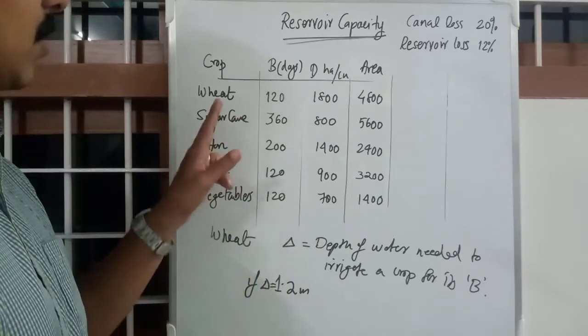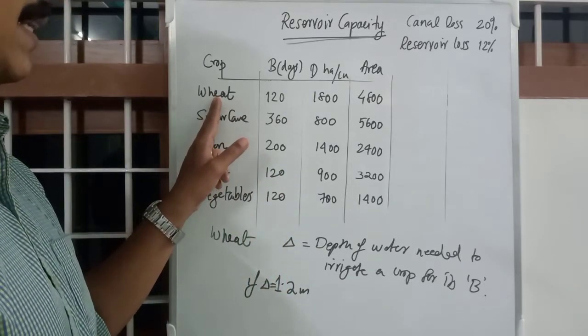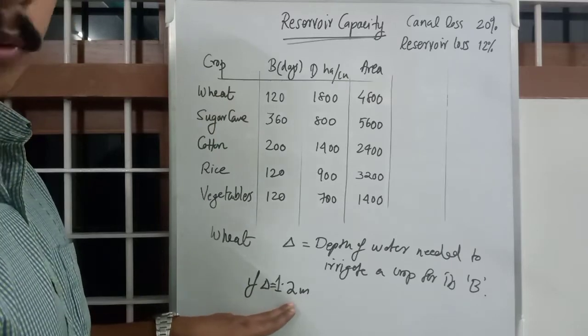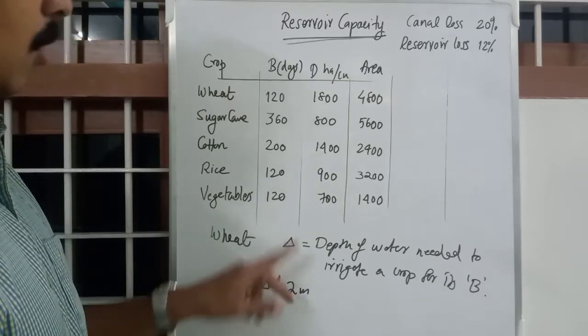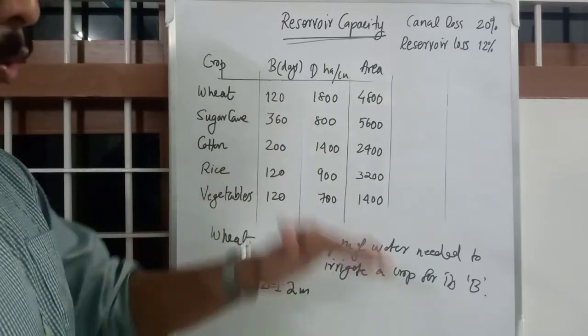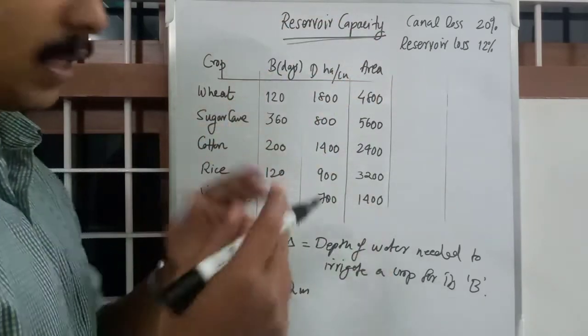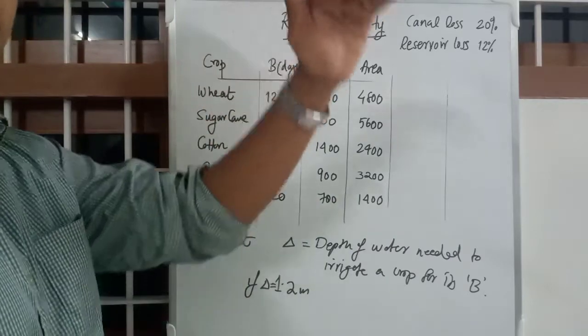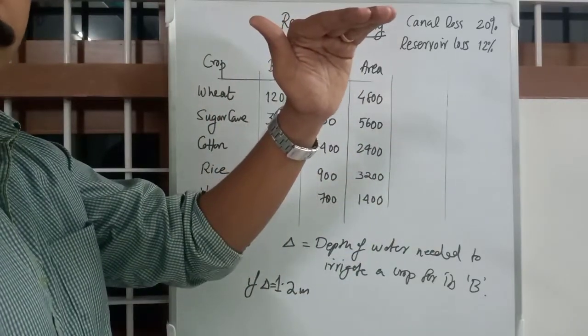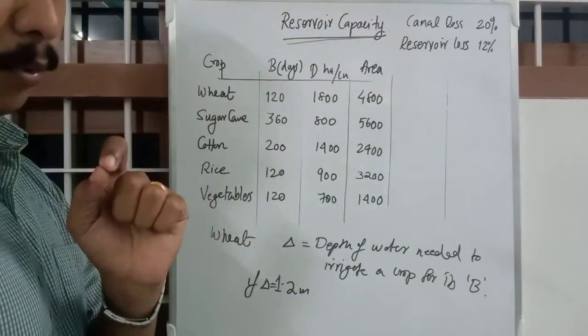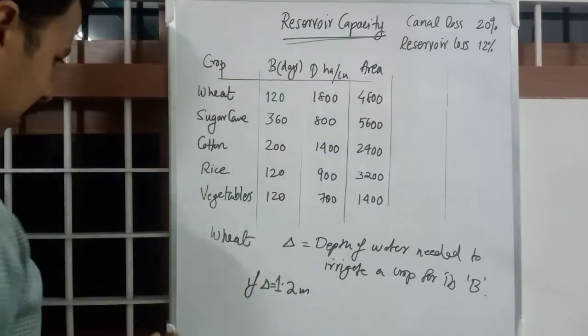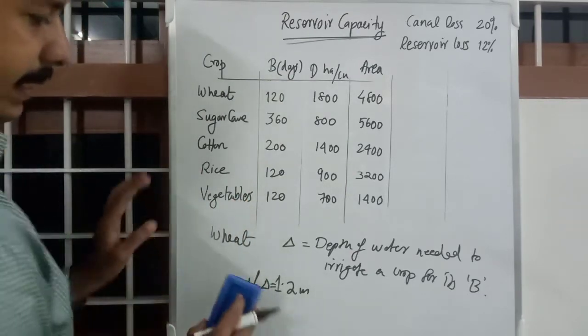If you calculate delta for wheat as 1.2 meter, that means the total depth of water needed for wheat to be harvested is just 1.2 meter. I hope you get the point.